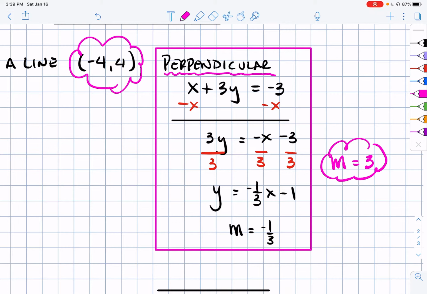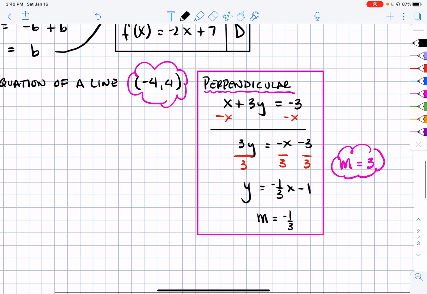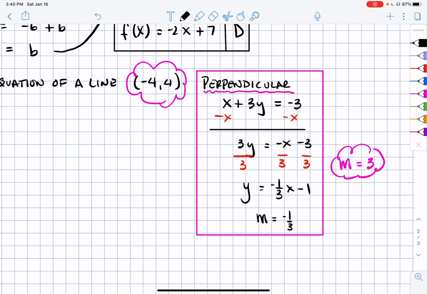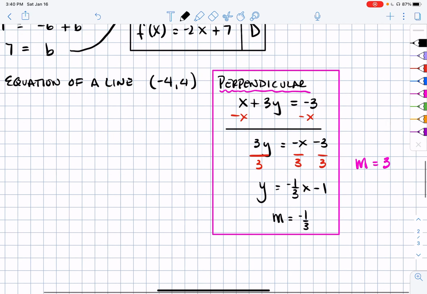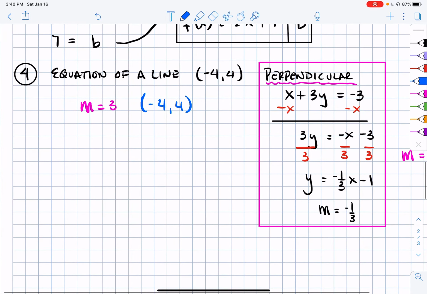Okay? So I'm going to come back over here. What I'm going to use is that my slope is equal to 3, and my point is negative 4, 4. So I'm going to use y equals mx plus b.